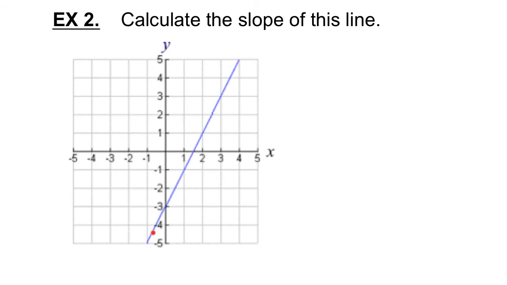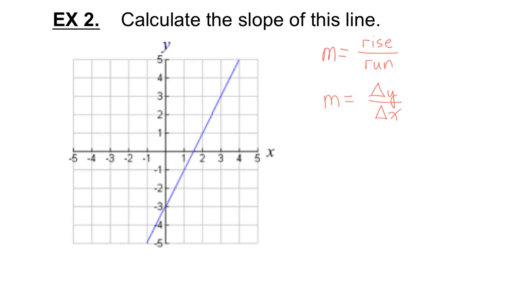So here we have a line graphed, and we want to calculate the slope. So we can use slope is equal to rise over run. I'm just going to rewrite it in the other way. So delta y over delta x. Remember, delta y means the change in y values. Delta x means the change in x values. But we're talking about the same thing. It's rise over run. So we need points on this line. We need to find 2 points.